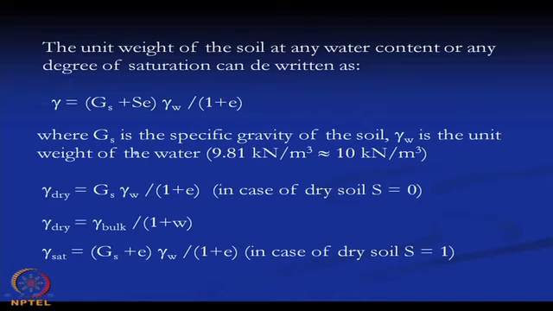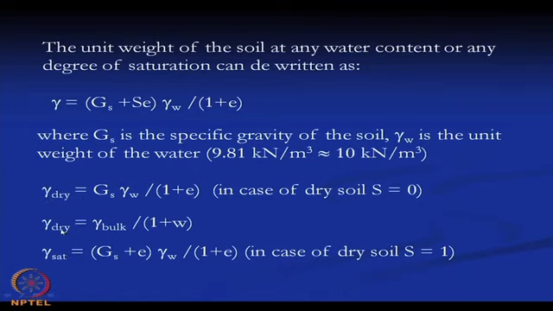Now, if the soil is completely dry, that means S is equal to 0, that means saturation is 0, then the equation of gamma dry will be Gs into gamma w times 1 by (1 plus e). So, that is because here S is equal to 0.